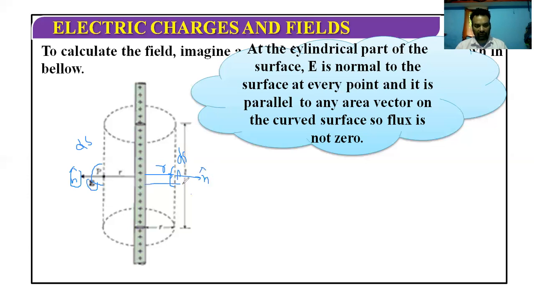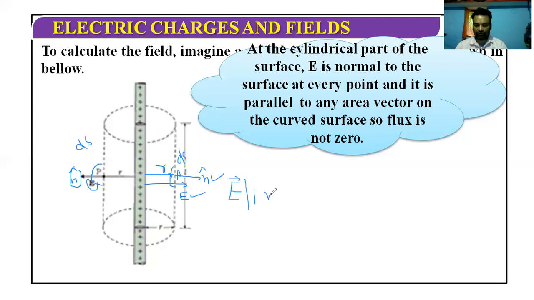Now the electric field again is coming in this direction. So again the electric field is parallel to the unit vector, but it is perpendicular to the curved surface. So in both cases electric field E is parallel to this unit vector.